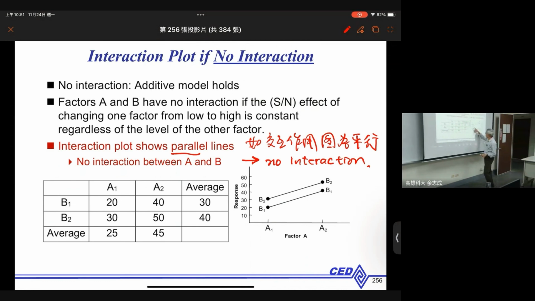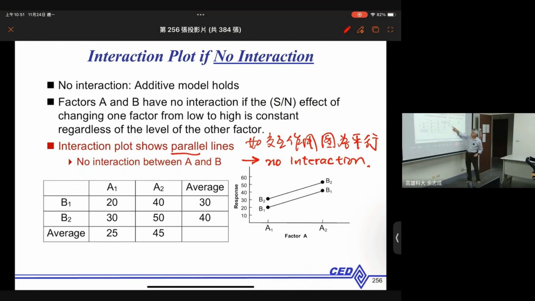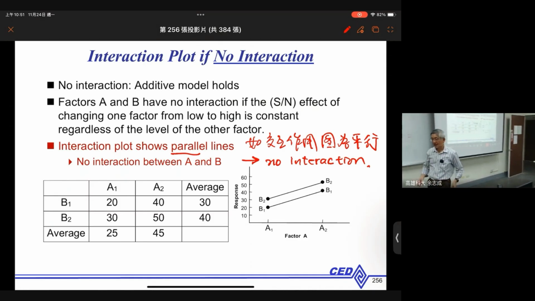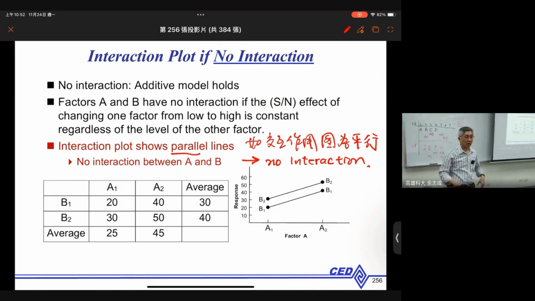Because the difference when I change from A1 to A2, when B is B1, is this much. But when B is in B2, it's the same, right? The difference is the same. Therefore, these two lines will be parallel. If they are the same, it means there will be no interaction, or the influence of this factor will be the same, no matter what the selection of the other factor is.